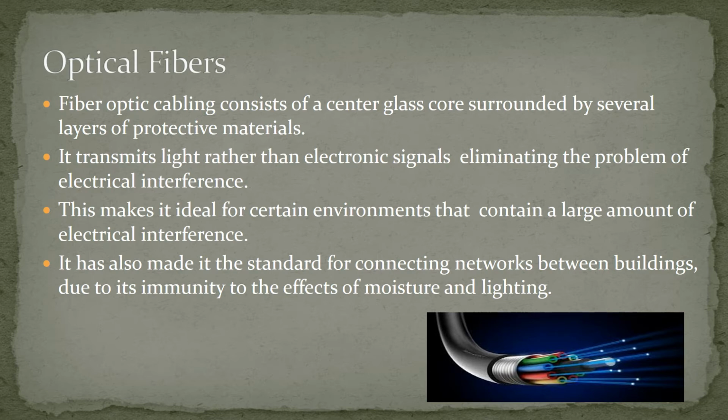So this technology does not get affected by any sort of interference. As we can see, light is the fastest communication medium, so this is the fastest among all the communication mediums.